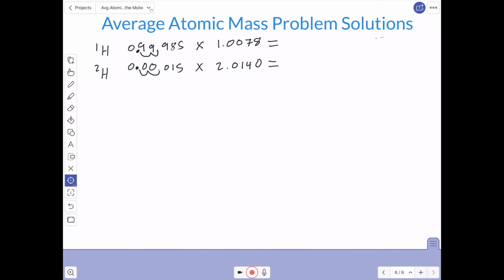We're going to multiply 0.99985 by 1.0078, and that's going to give us 1.0076483.